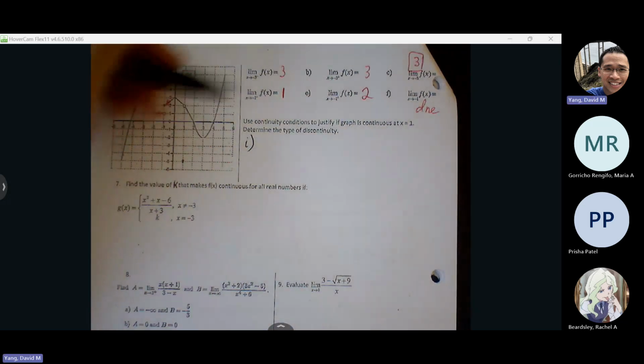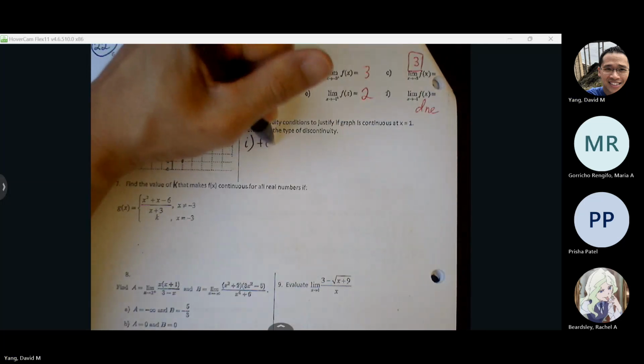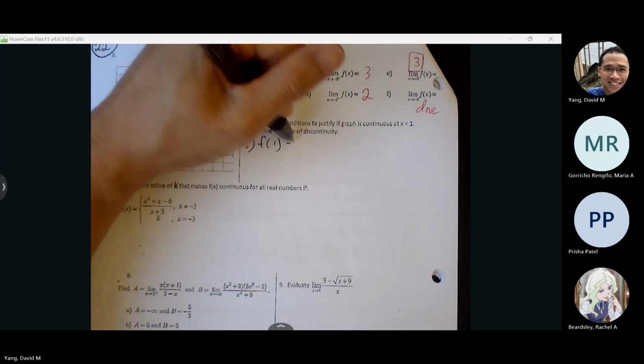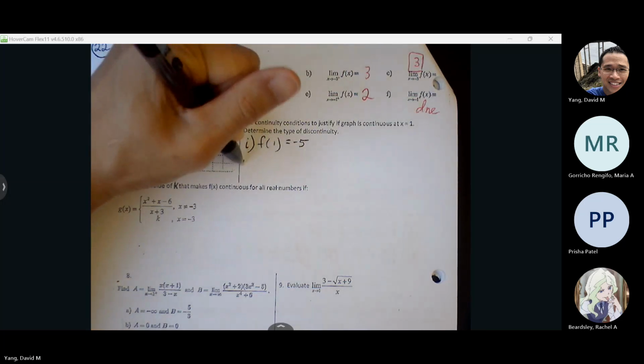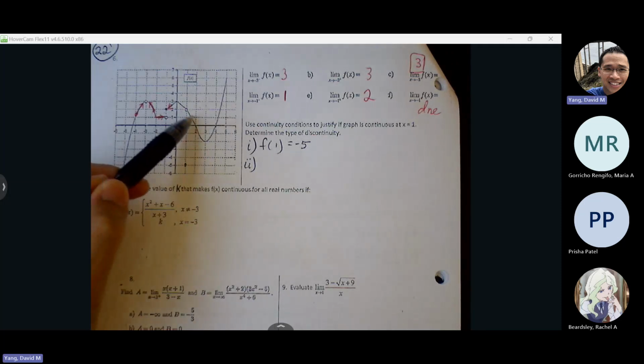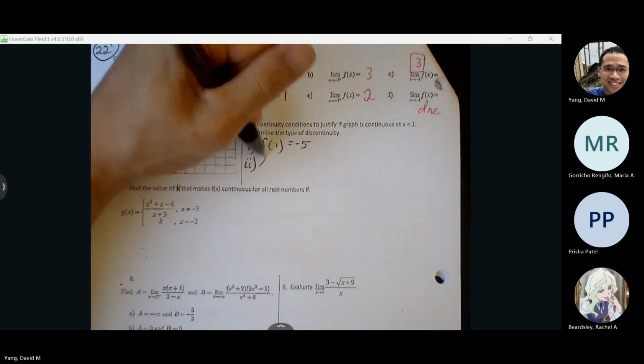Okay, use continuity conditions to show whether the function is continuous or not at x equals 1. So we're just going to walk through our conditions here. So f of 1, by looking at the graph, it's all the way down here at -5. Second statement, we can obviously tell that if I pick points on either side of 1, the graph is headed towards a limit of 2. So we just make that statement.